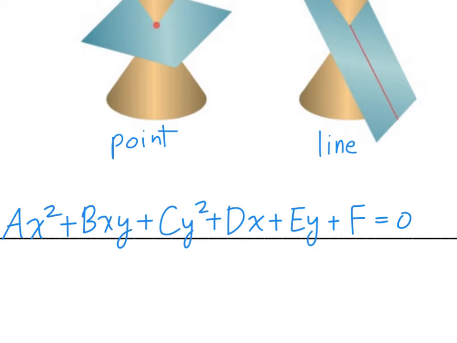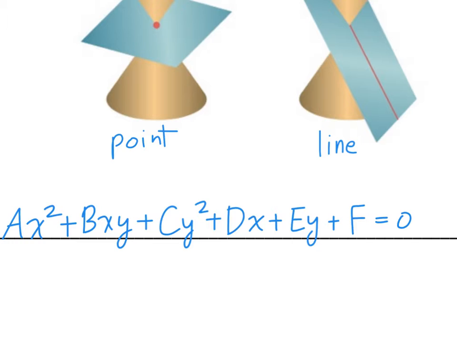So this is kind of the general equation of any kind of conic section. And so what's going to happen is if we want to get it into a form we have seen before, then we'll have to complete the square and do all that stuff, and we get that into standard form or vertex form. But this is called the general form, and you got to memorize it.